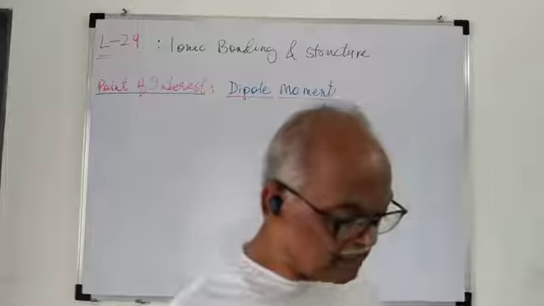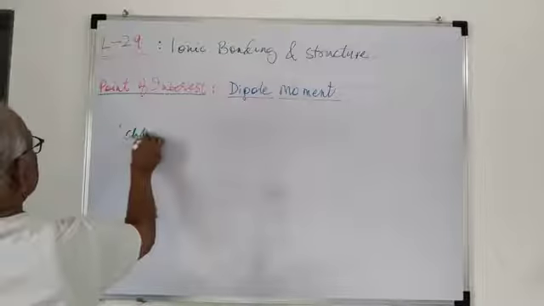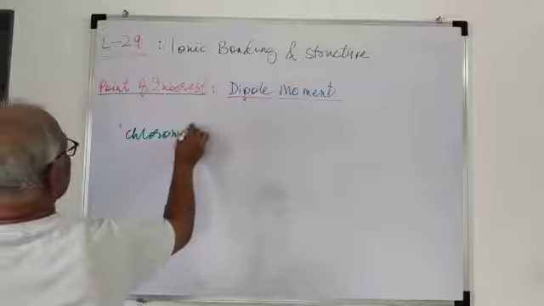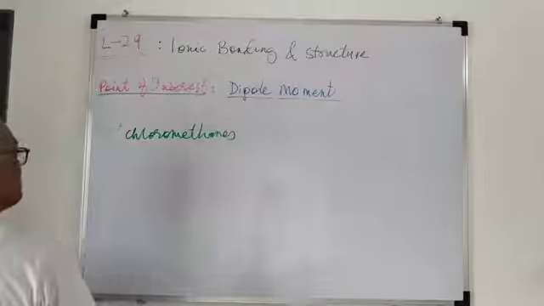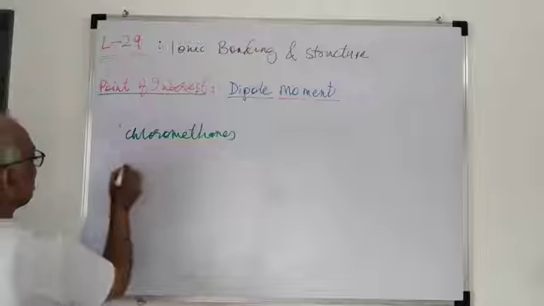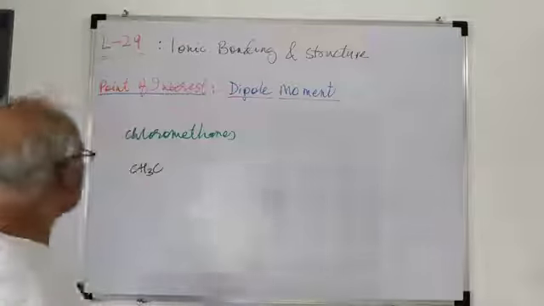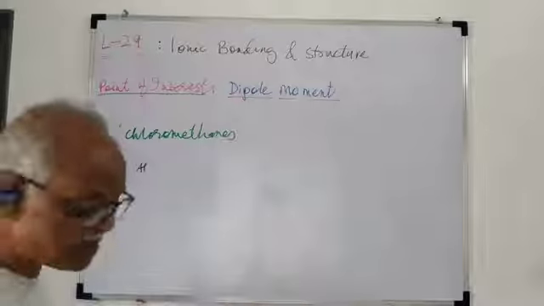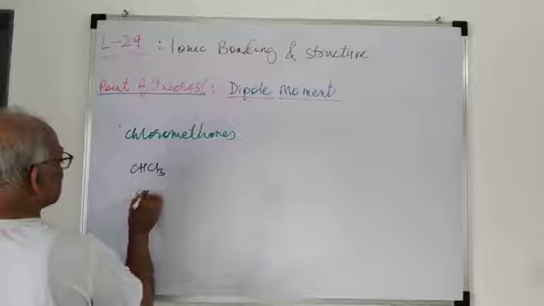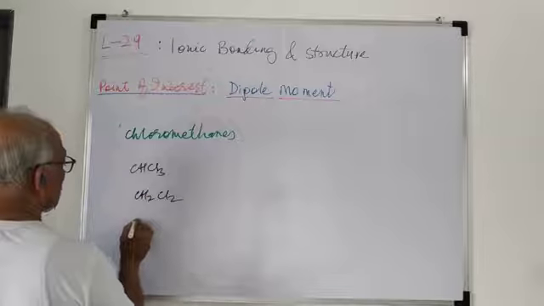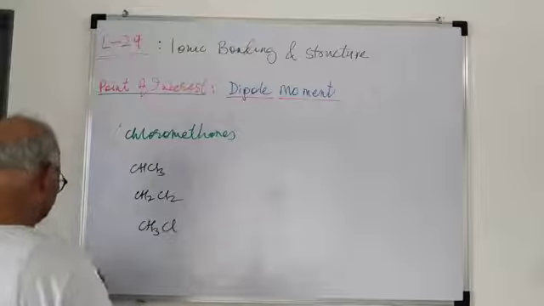So we can consider molecules like chloromethanes. For example, CHCl3, then CH2Cl2, and then CH3Cl.